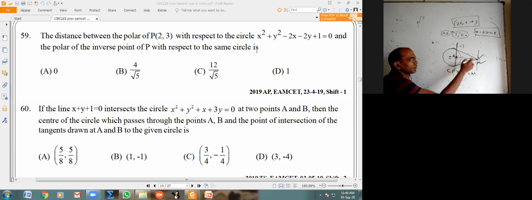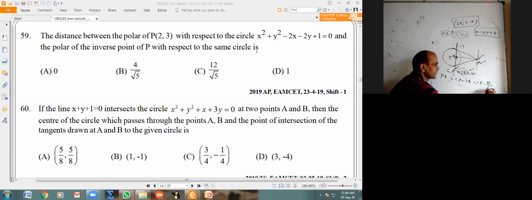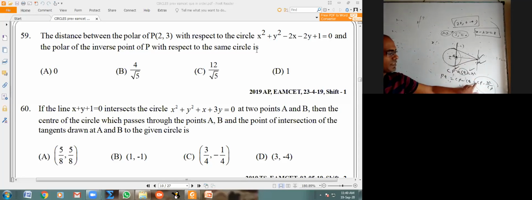From here to here, from here to here, the length is R square. Because you know P, you can find CP. You know R square. From that, you can find CQ. So if you want PQ, it is CP minus CQ, that is CP minus R square by CP. You know the distance between the center and the point P. You know the radius square. Use this one. You'll get PQ. Is it okay for 59?